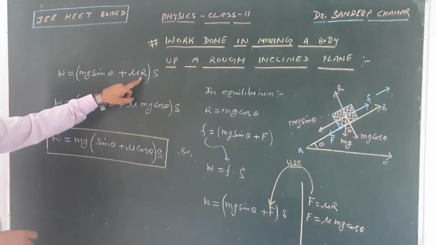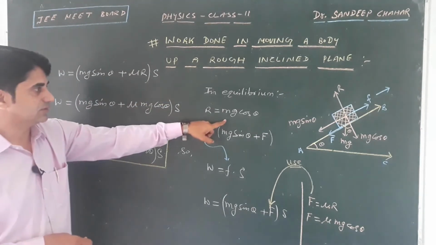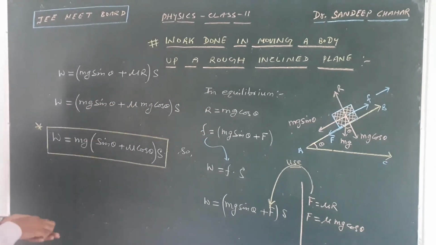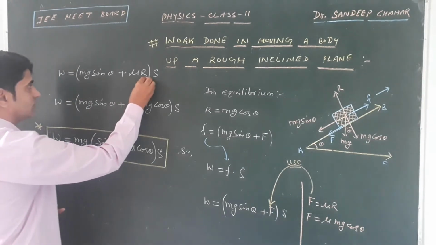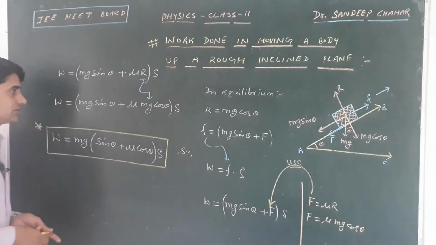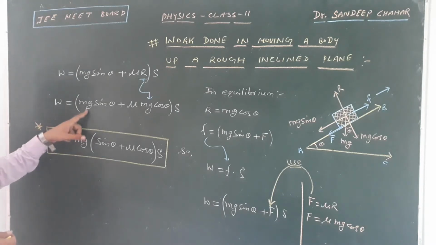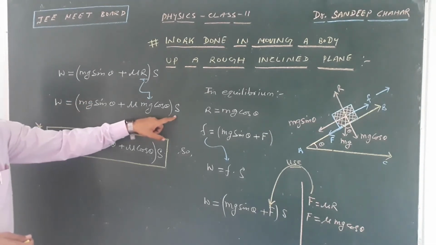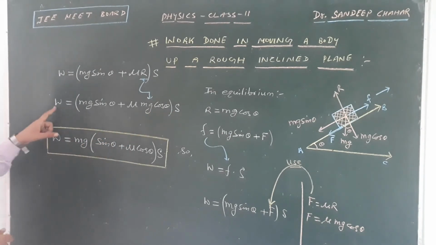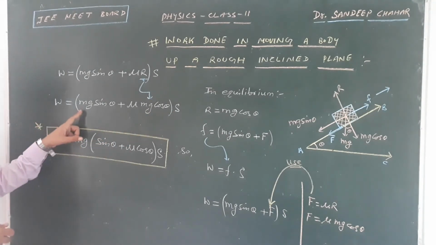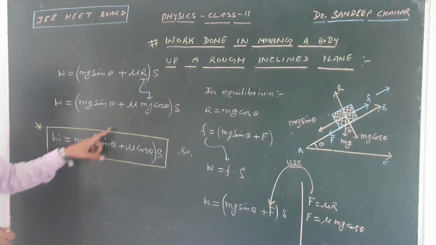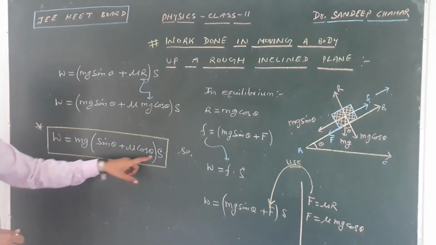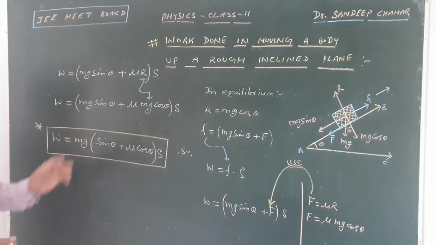We know that R equals mg cos theta, so using this value of R, the expression becomes work done equals mg sin theta plus mu mg cos theta, into the distance moved. So the amount of work done equals mg, taken out of the bracket, into sin theta plus mu cos theta, into the distance moved by the block on the inclined plane.